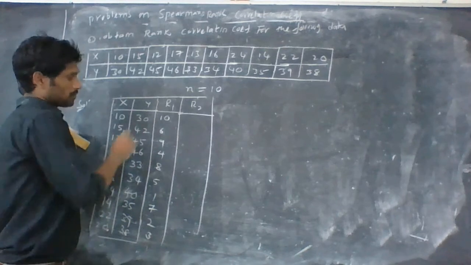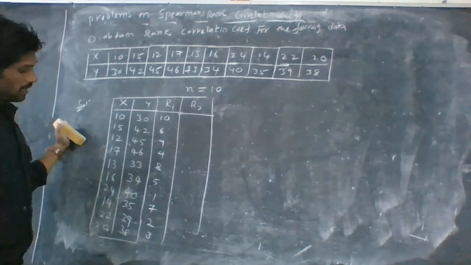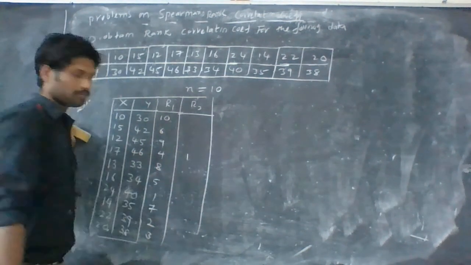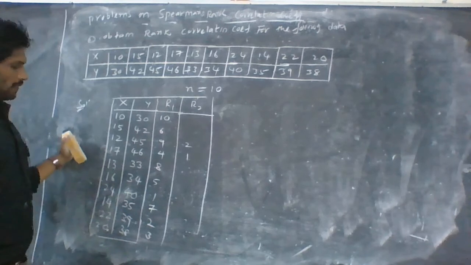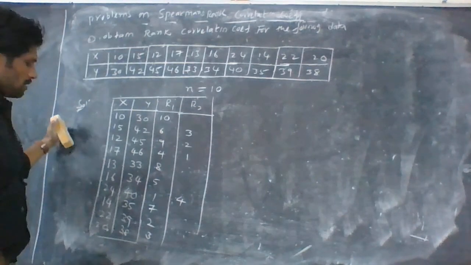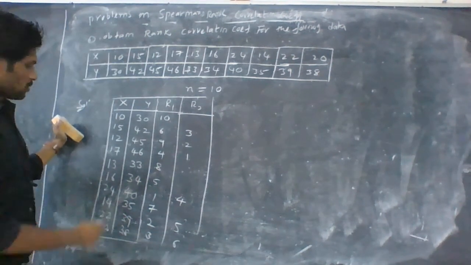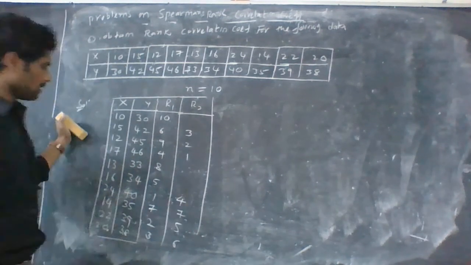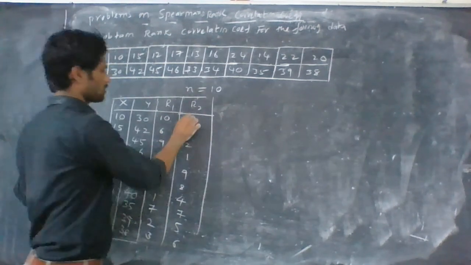Next, Y. Among the Y observations, 46 is the highest value, so 46 gets rank 1. 45 gets rank 2, 42 gets third rank, 40 gets fourth rank, 39 gets fifth rank, 38 gets sixth rank, 35 gets seventh rank, 34 gets eighth rank, 33 gets ninth rank, and 30 gets tenth rank.